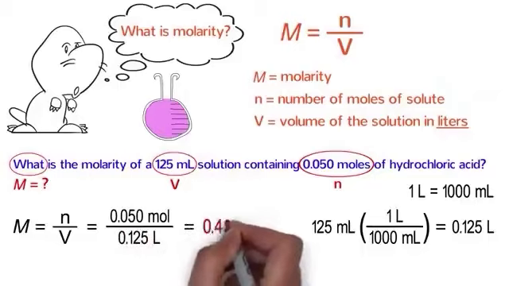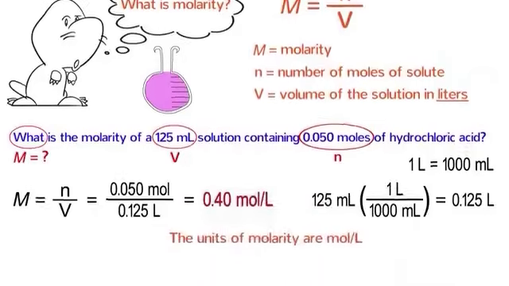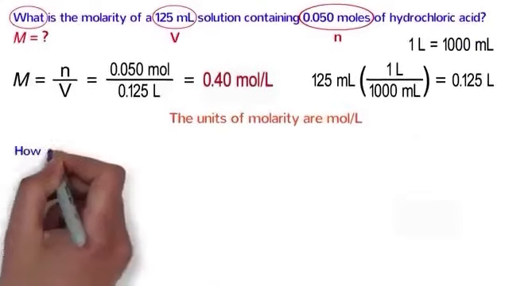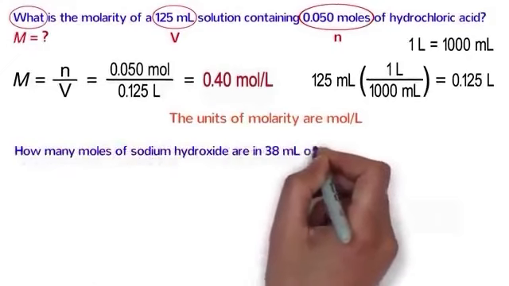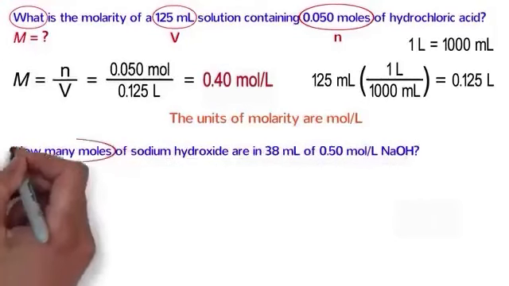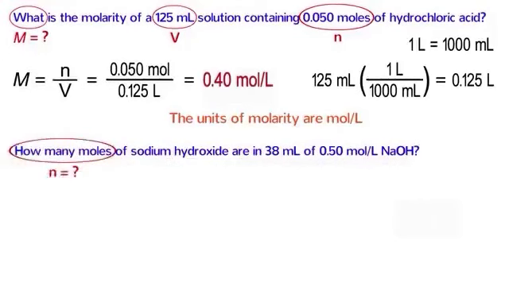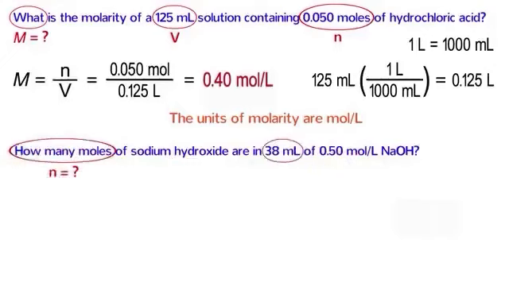We can try another question, this time asking how many moles of sodium hydroxide are in 38 milliliters of 0.5 moles per liter sodium hydroxide. They're asking for moles, so N is not known, but you have the volume and the molarity.